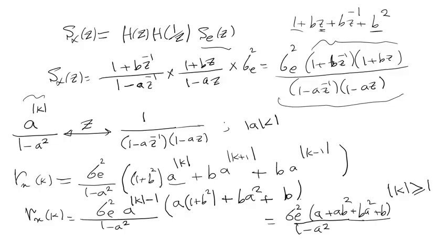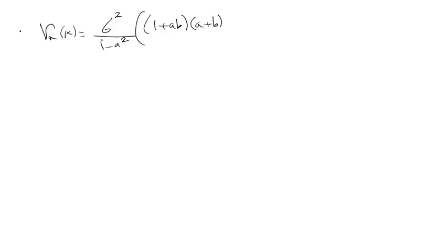I can write it as (1 plus ab)(a plus b) a to the absolute value k minus 1 when absolute value of k is greater or equal than 1.